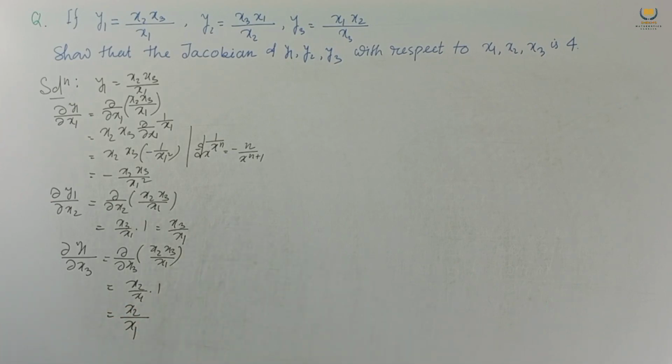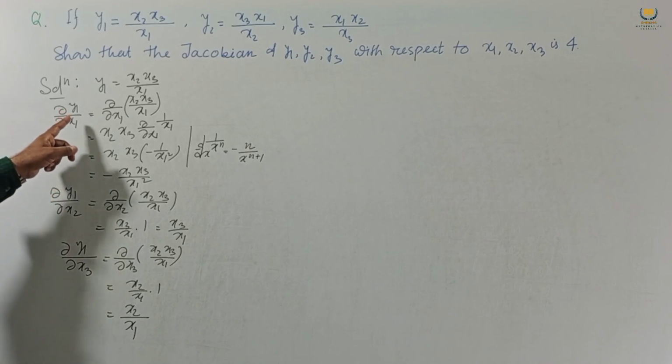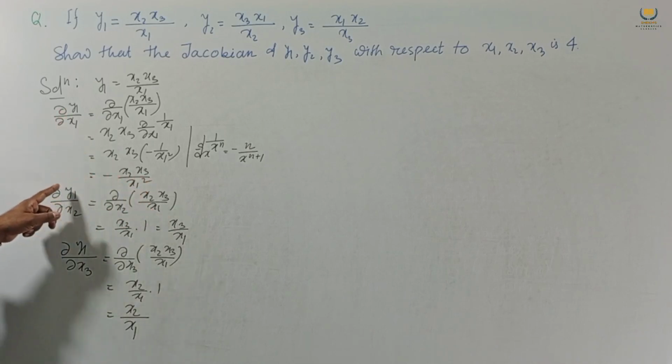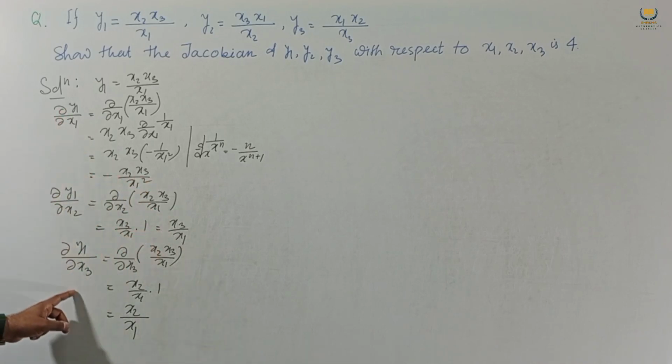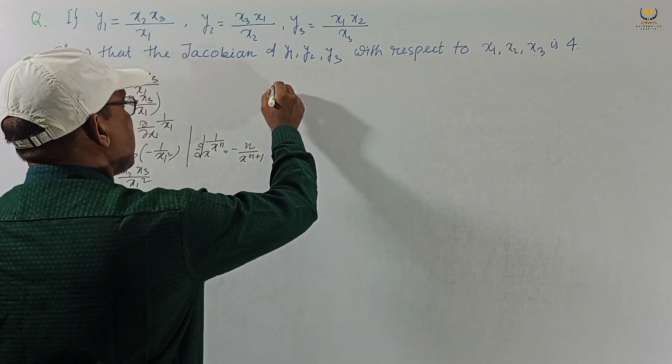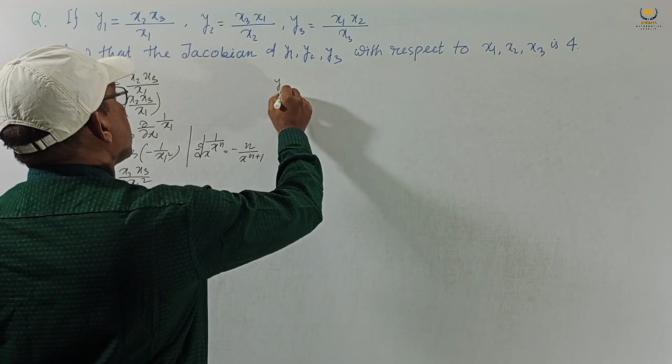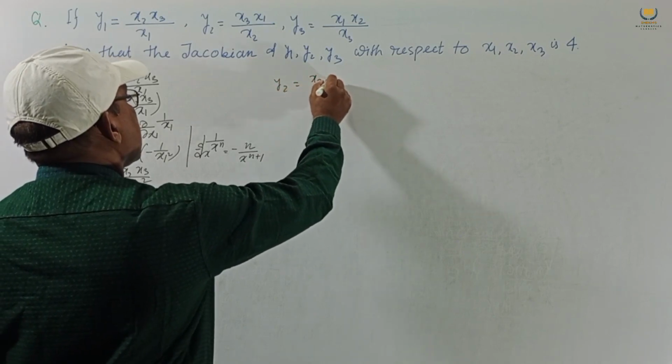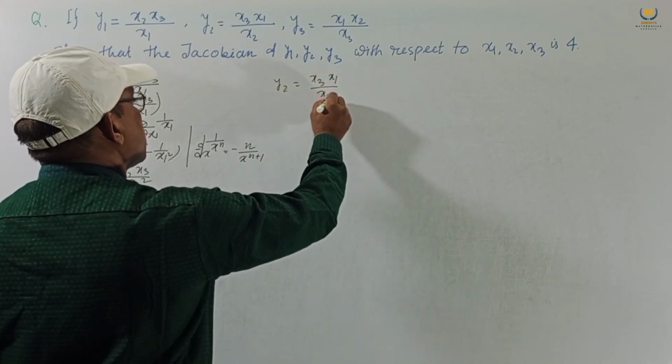So del y1 by del x1 we get this, del y1 by del x2 is this, and del y1 by del x3 is this. Now we find the remaining: y2 equals x3 x1 by x2.